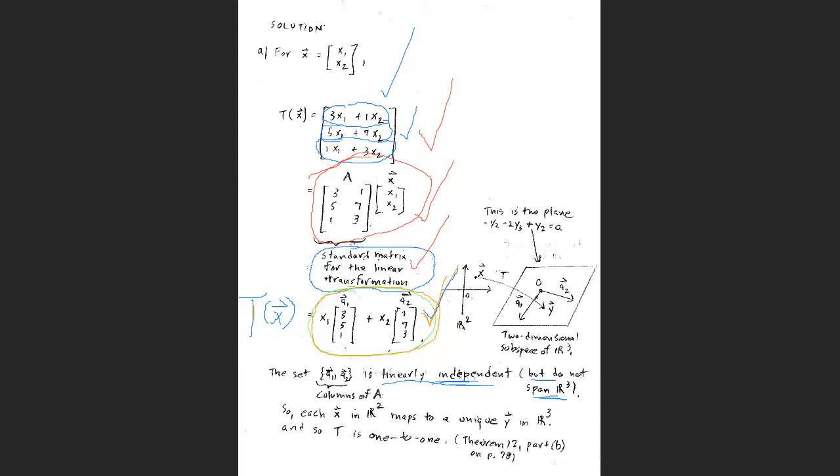And so, based on this picture, what you're doing is you're taking a random vector in two-dimensional space, and you're mapping it to a vector y in a two-dimensional subspace of R cubed.